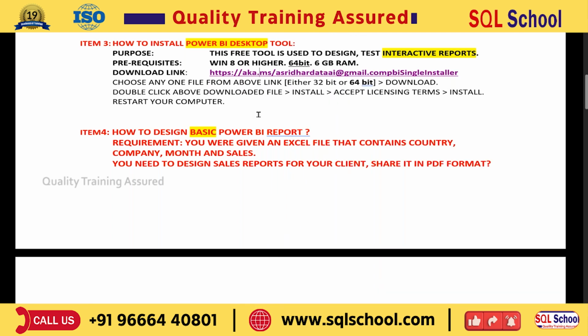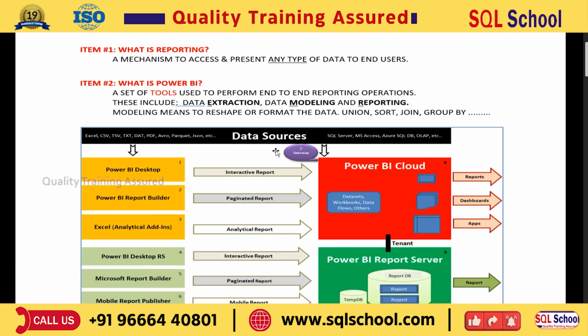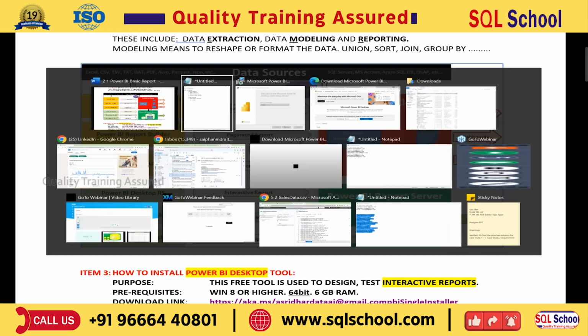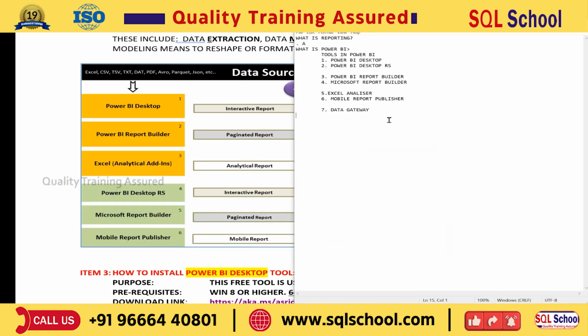If any changes occur at the source, those changes should be given to the cloud by using the gateway. Are we getting it, please? Next, apart from this, we have techniques involved in Power BI. Number 8, we have the common technique, Power Query.